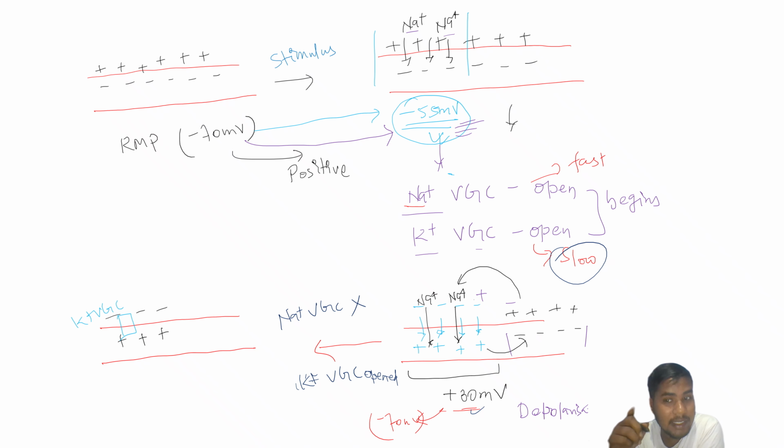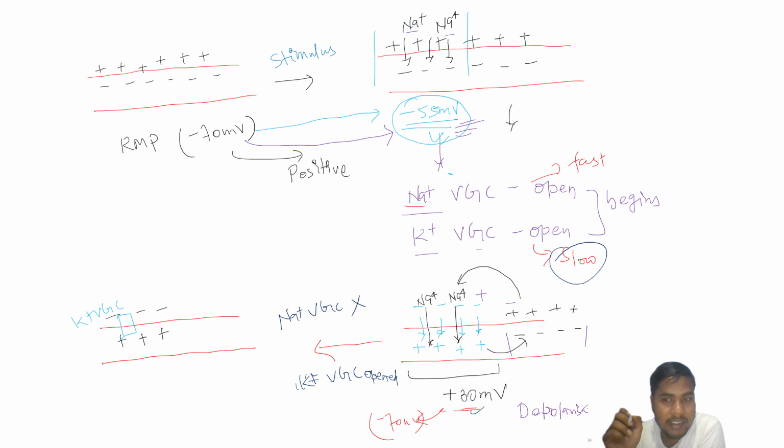So now the charge has to move, that is, potassium has to move now, not sodium, because the sodium ion VGC is closed. So it must be potassium ion which has to move, because this K plus VGC is opened.